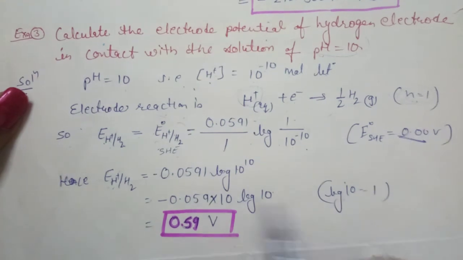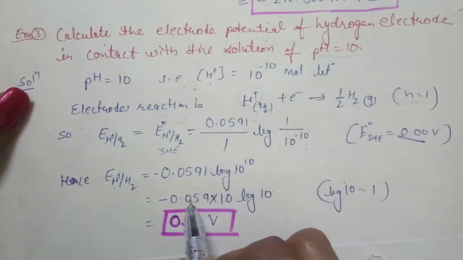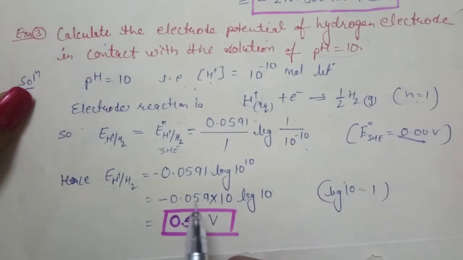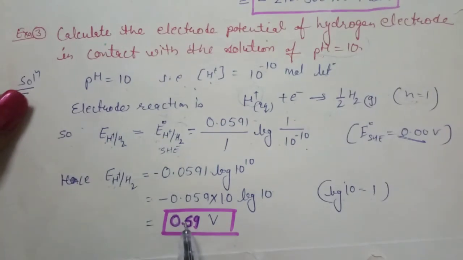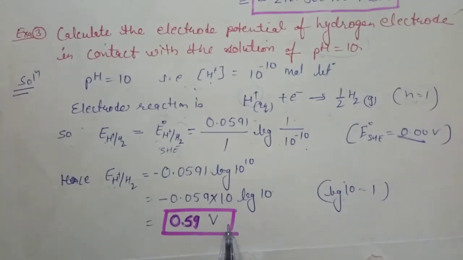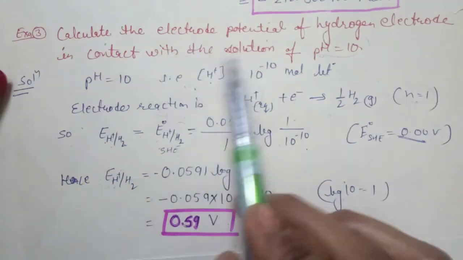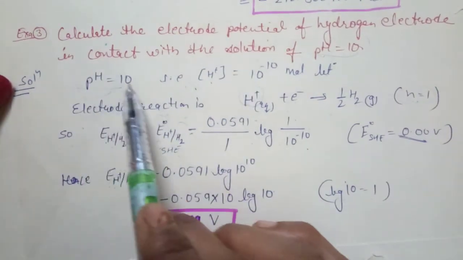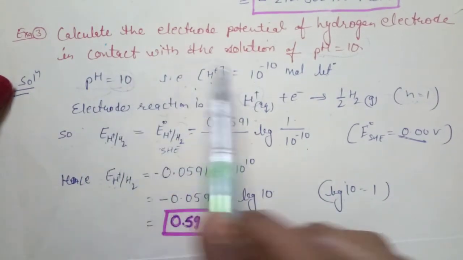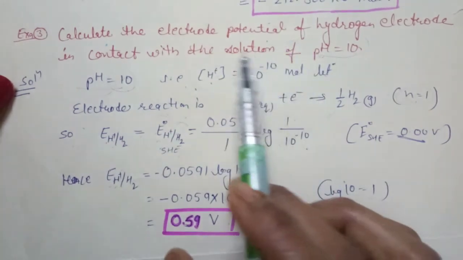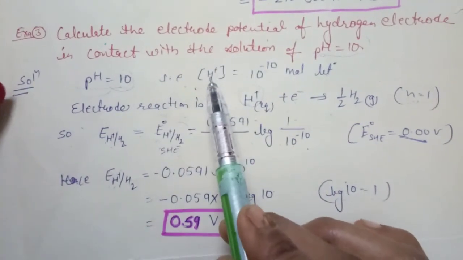The value of log 10 is 1, so 1 into 1, then 10 is multiplied here, and E H plus H2 will be 0.59 volts. Clear?